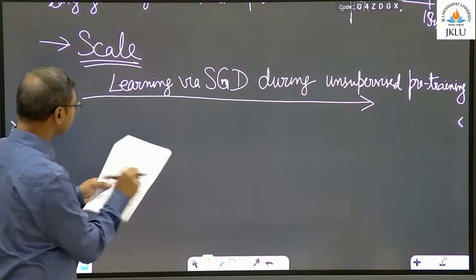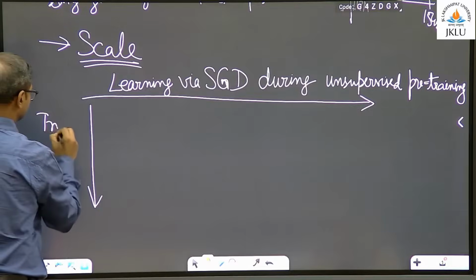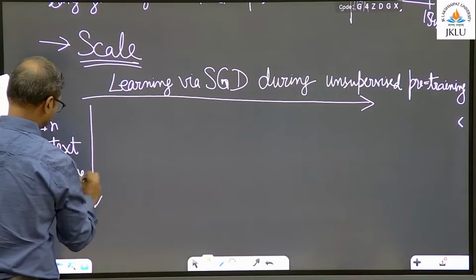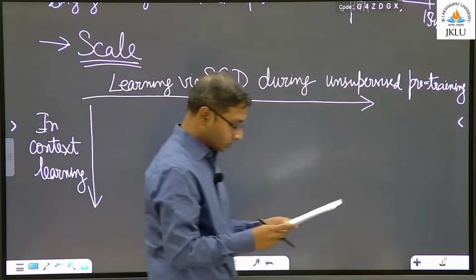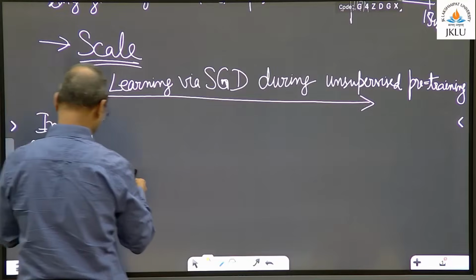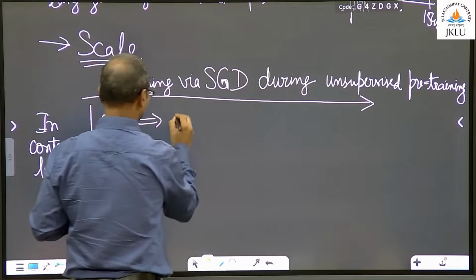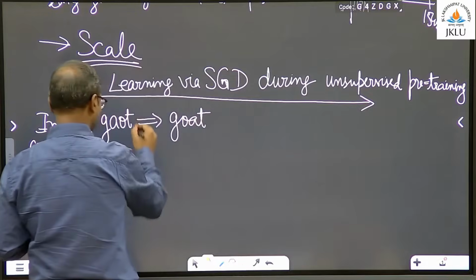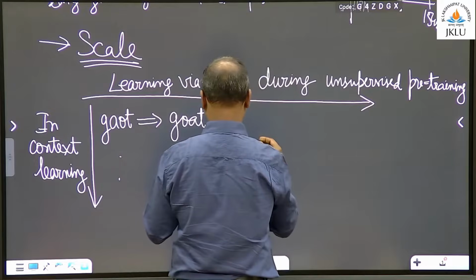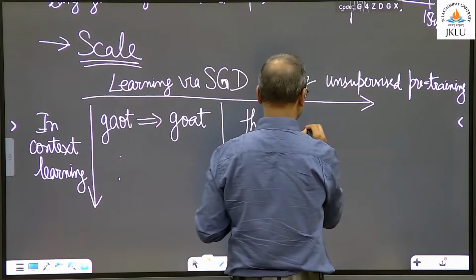So, learning via SGD during unsupervised pre-training, and what they describe is something called in-context learning. In-context learning means somewhere in your dataset you must have seen things like corrected spellings, or translations. They write it in French, but let us write Hindi.